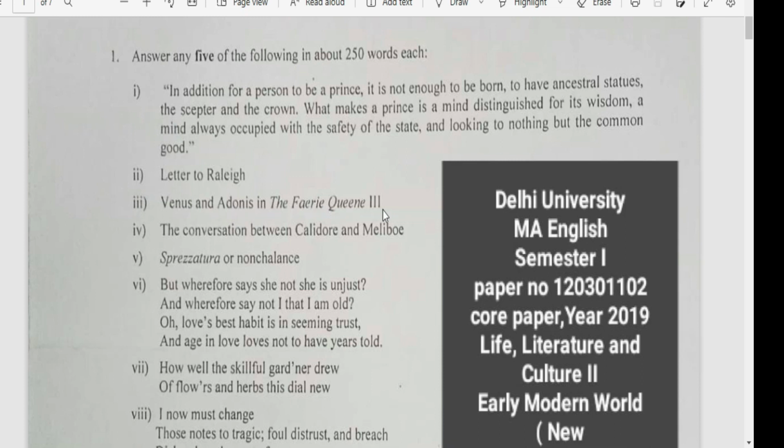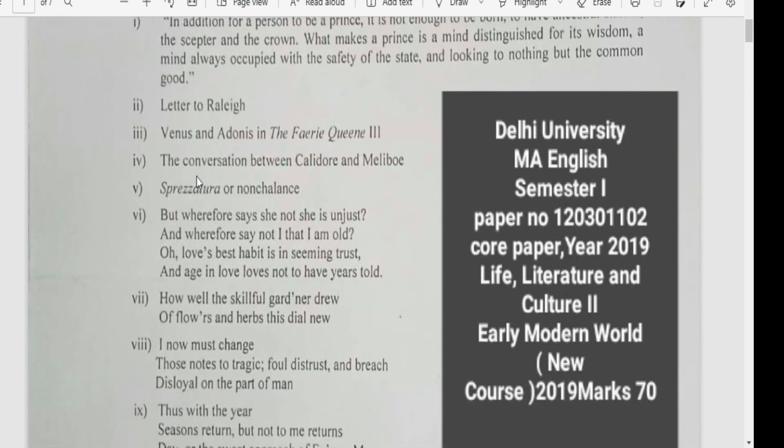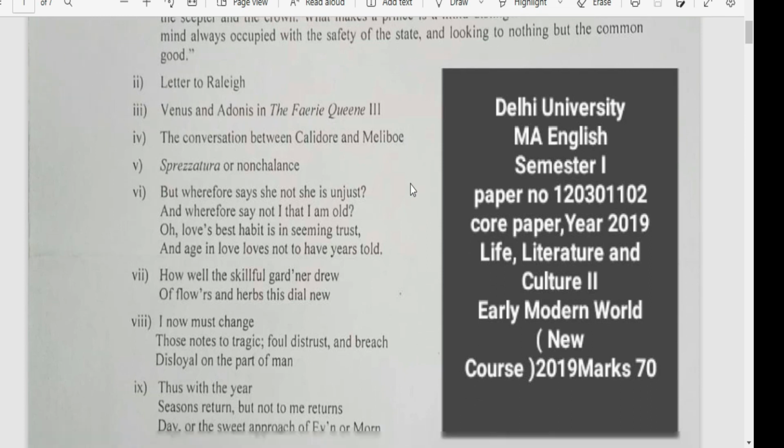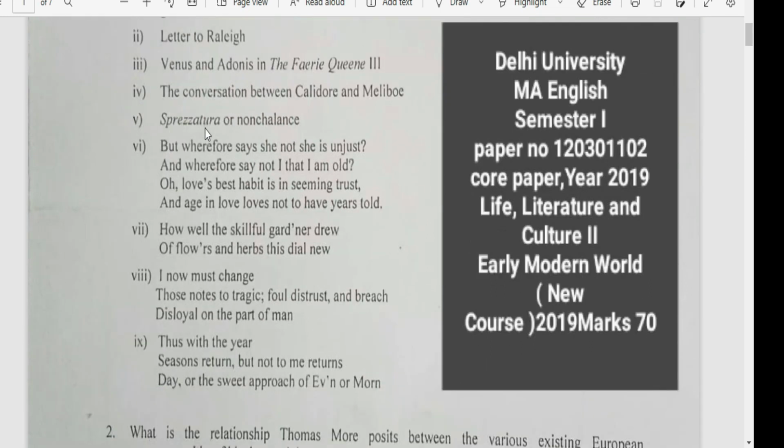The paper is Life, Literature and Culture, and this is from your syllabus. Letter to Relic, Venus and Adonis, The Fairy Queen Book 3, the conversation between Colidor and Meliboe, Sprezzatura or nonchalance.